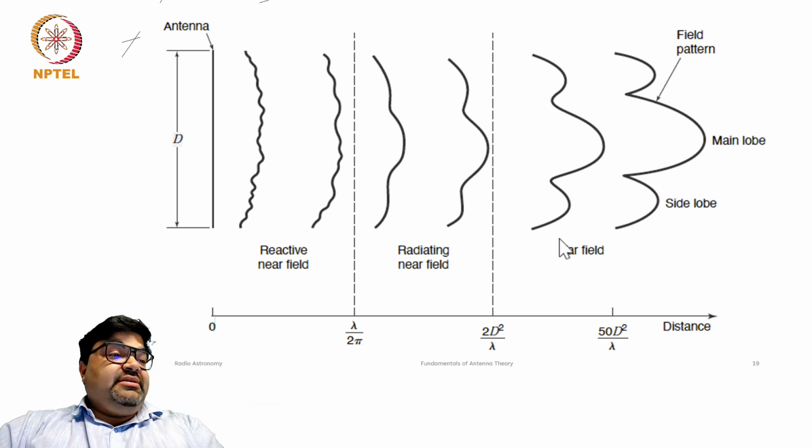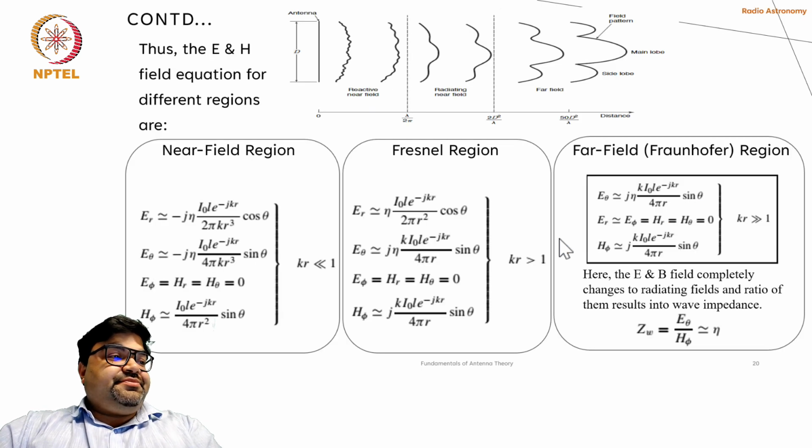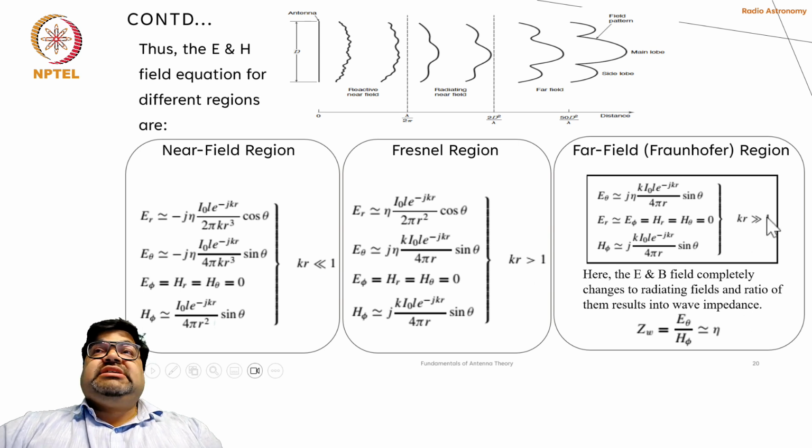We will come again in detail when we study radiation patterns. For now, those are the three regimes: Kr very much less than 1, greater than 1, and much greater than 1 at the very far field.